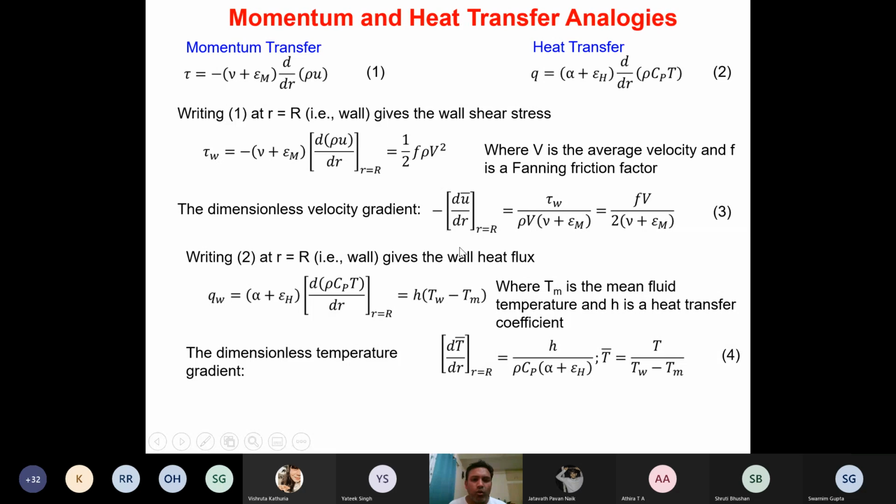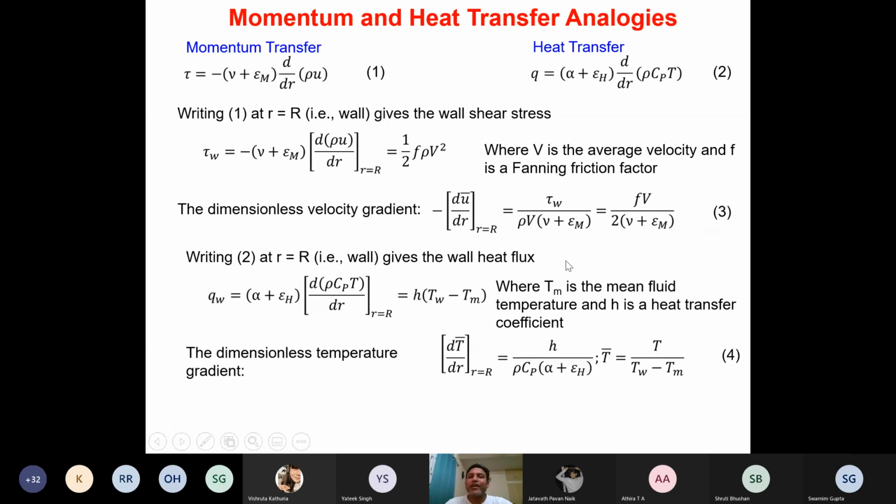If you rearrange this equation, what you get is f v divided by 2 (nu plus epsilon m). That is what you are going to get. So the dimensionless velocity gradient at r equals R we can represent in terms of the Fanning friction factor, the kinematic viscosity and the eddy momentum diffusivity. That is given by equation number 3.